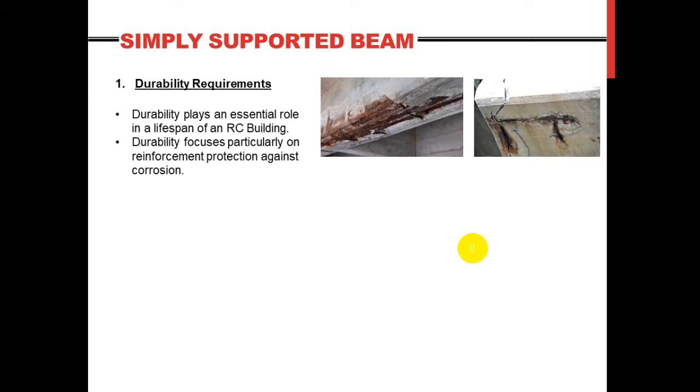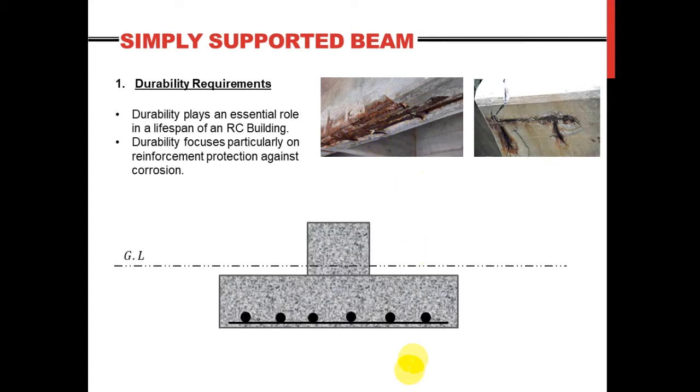Basically, we need our RC building not to fall apart even when the strength design is ensured. It can easily be weakened by corrosion. Suppose I design my footing such that I ensure putting reinforcement that will resist the worst ultimate load combination.